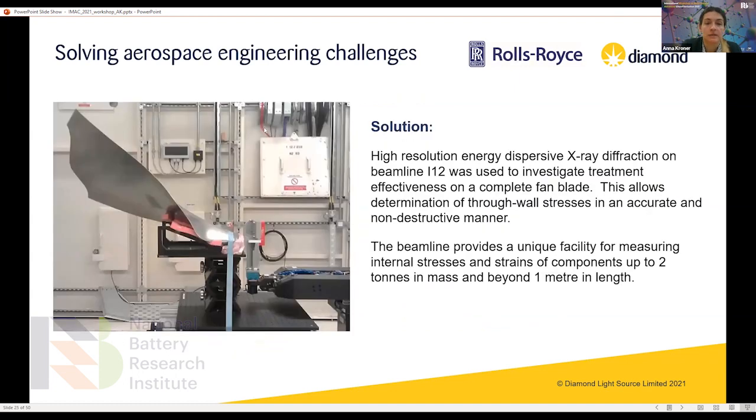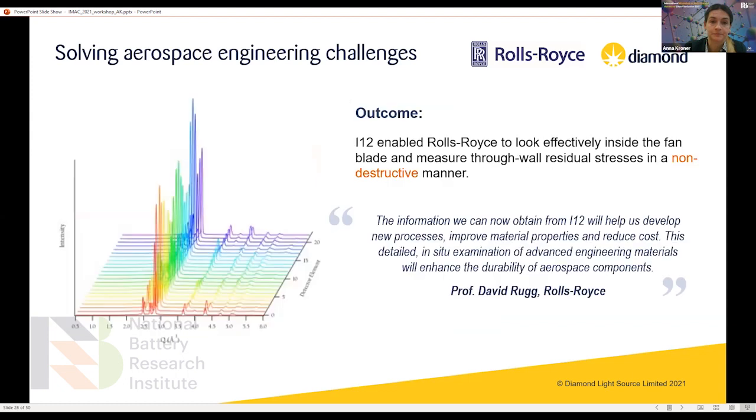Here is the experimental hutch of I12. This is the engineering beamline at Diamond, and that's where the fan blade is already aligned for the measurement. This is the experimental hutch, which can accommodate a sample 1 meter tall and weighing 2 tons. They applied high resolution energy dispersive X-ray diffraction to look at the stress and strain impact.